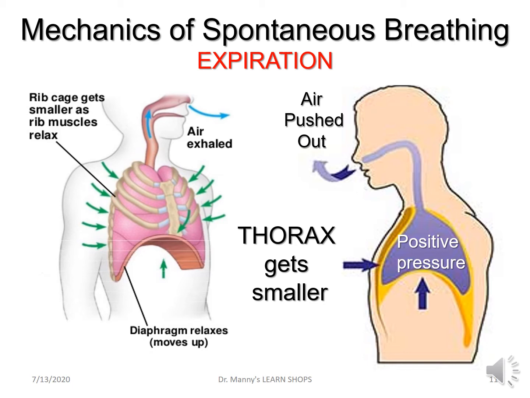The rib cage gets smaller, the intercostal muscles relax. And as a consequence of that, the lungs recoil passively, creating a positive pressure. By creating a positive pressure, it forces air out into the atmosphere, through the nose and through the mouth. This is called expiration.